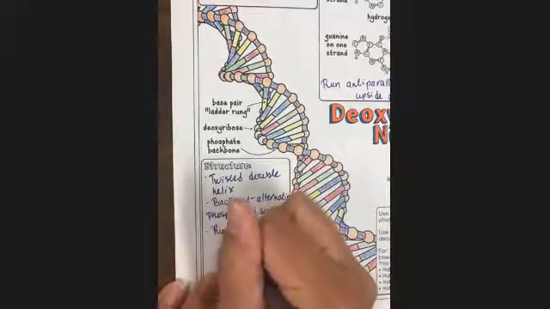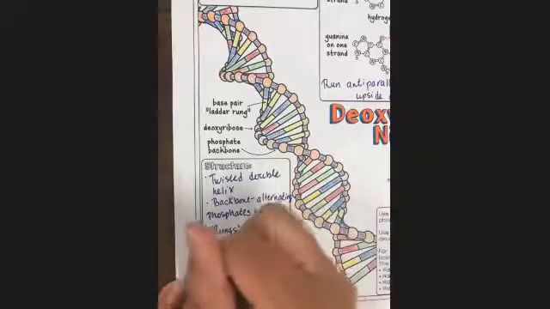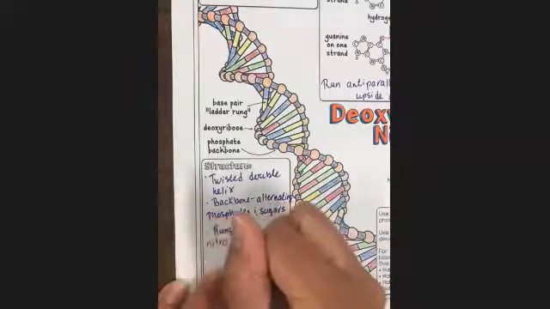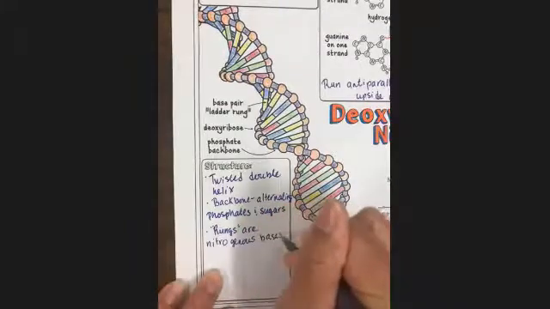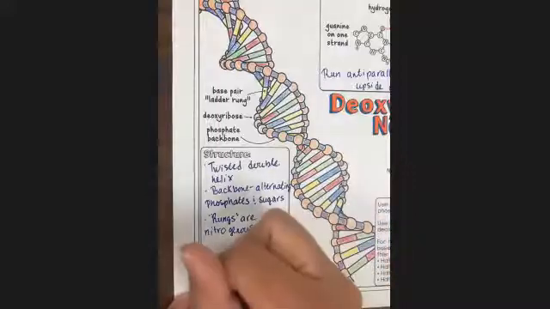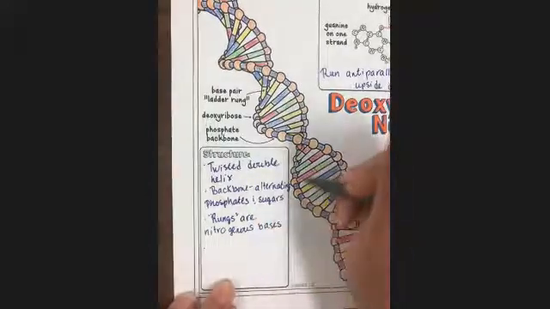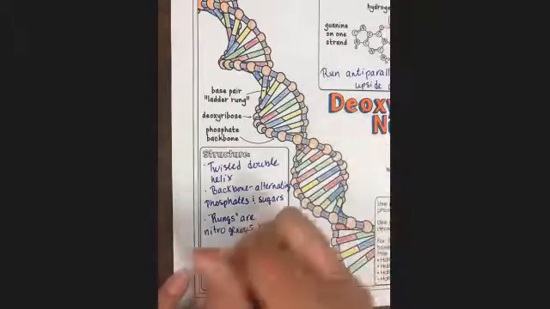The rungs of the ladder, the part in the middle, are nitrogenous bases. For DNA, we have adenine, thymine, guanine, and cytosine. We don't have uracil for this one. And then in between the backbone, our important bonds are called phosphodiester bonds.